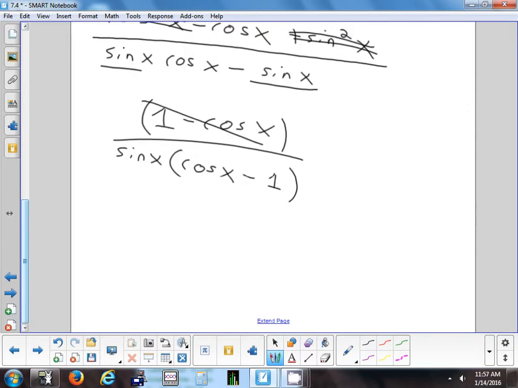So you can cancel them, but just make sure you leave a negative in there. They cancel except they're opposites. And now, what do you get if you flip sine? Cosecant. But it's a negative cosecant.